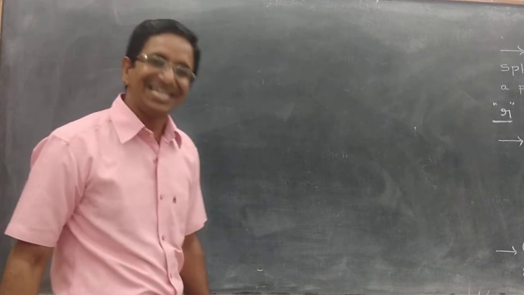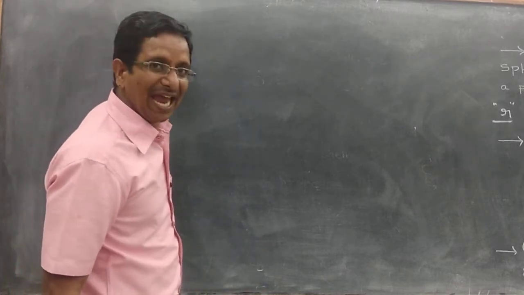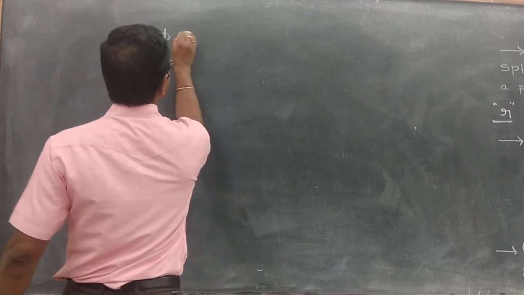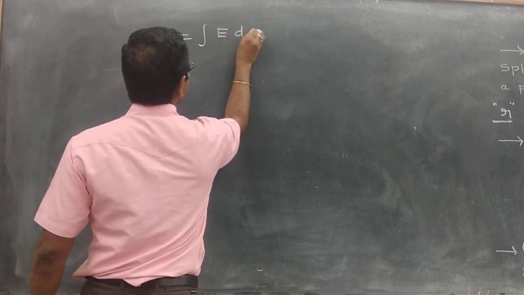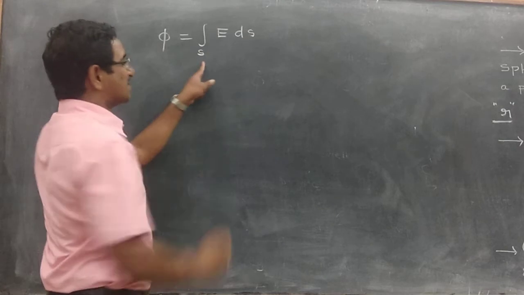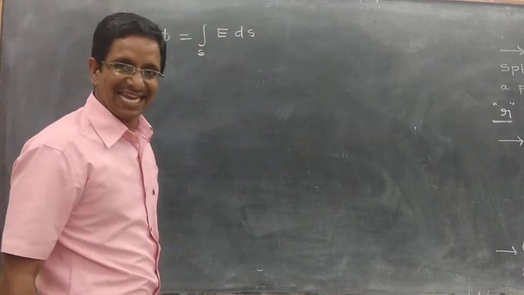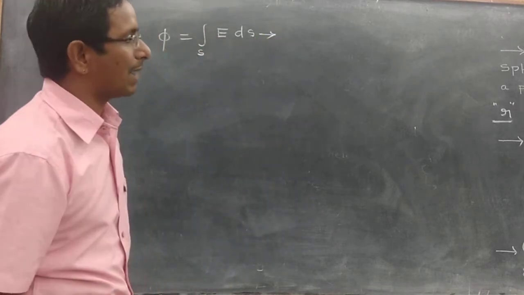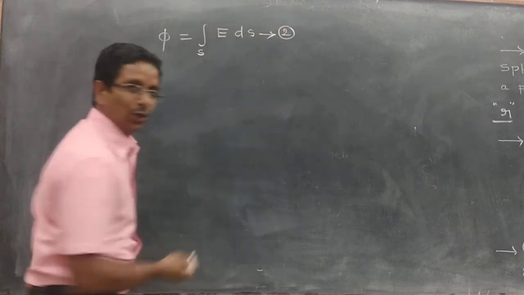We have to integrate. Therefore, total is integral d phi gives phi. Therefore, phi is equal to integral E ds. Yes, S is surface integral. Therefore, integral E ds. Consider this is equation number 2.